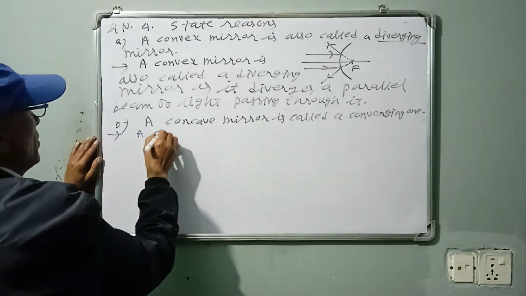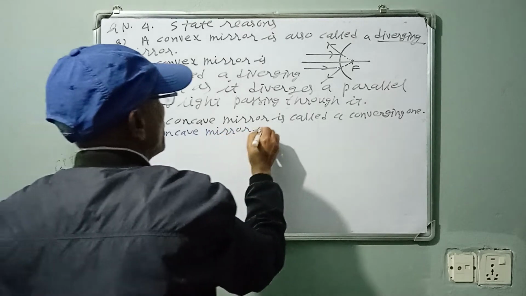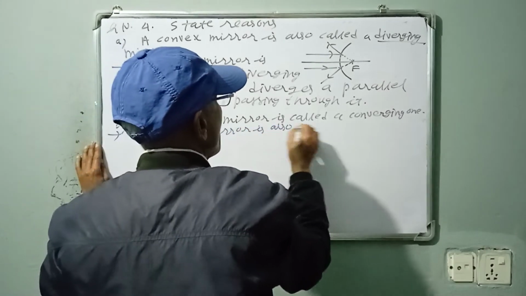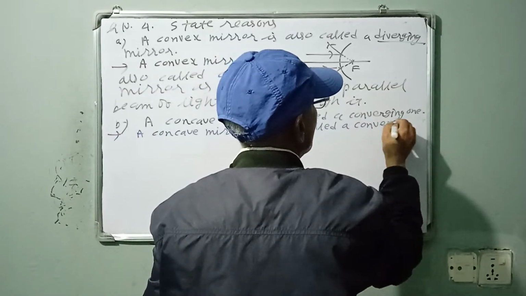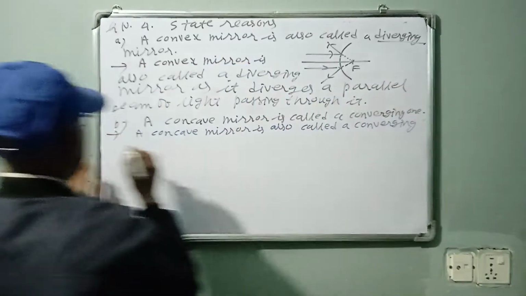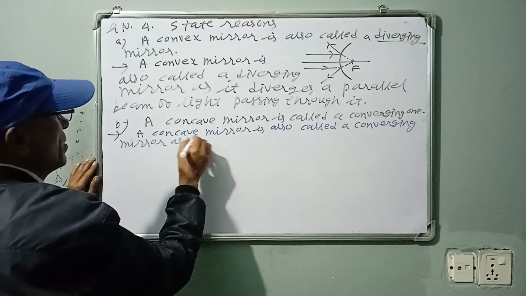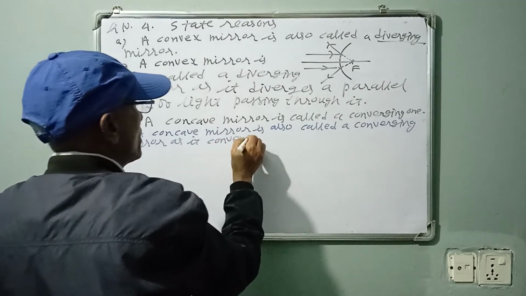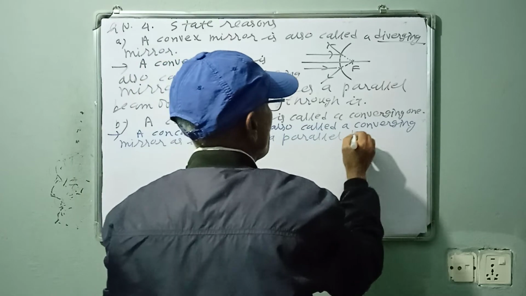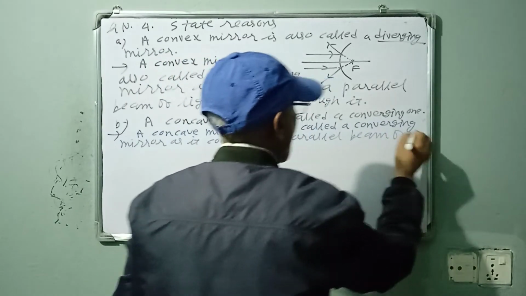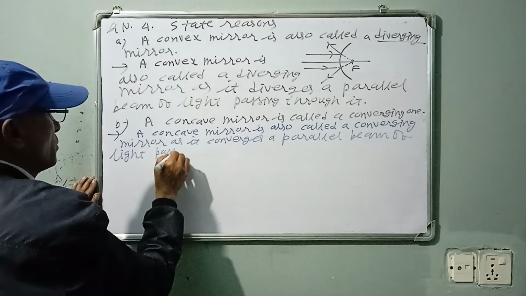Answer: a concave mirror is also called a converging mirror as it converges a parallel beam of light passing through it.